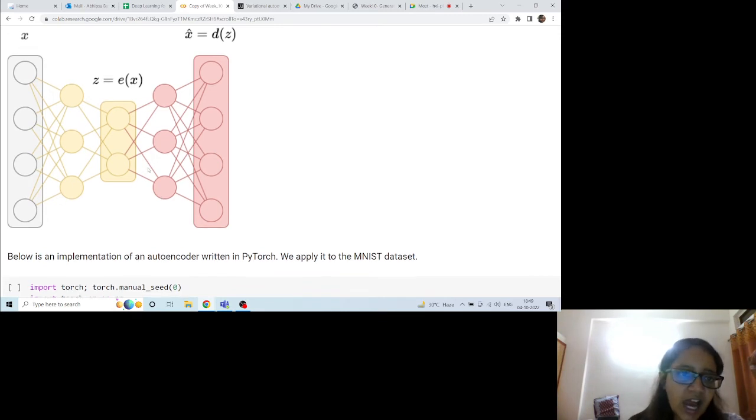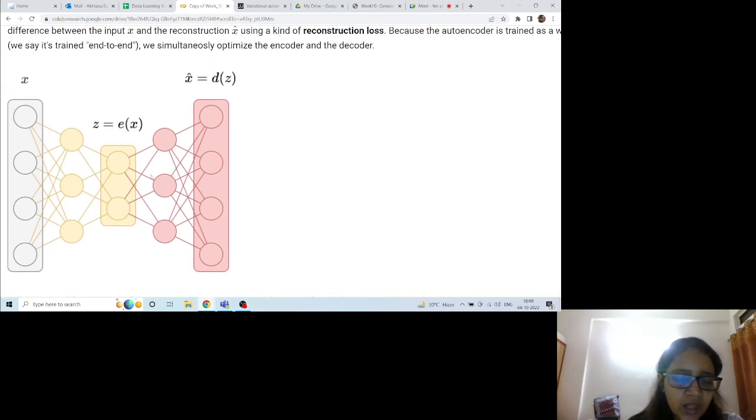And how do you train this z? You learn z in such a way that, as I said a few seconds ago, the information that is contained in this x is compactly present in this z. And if that is true, then given your smaller z, you can again reconstruct your x back.